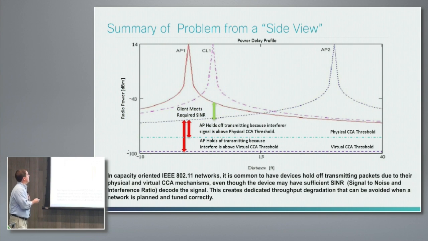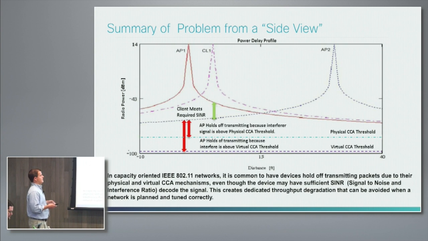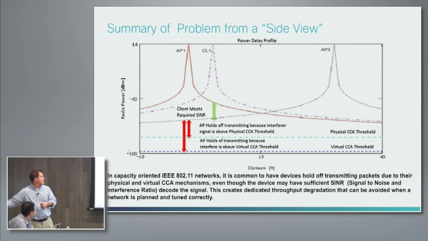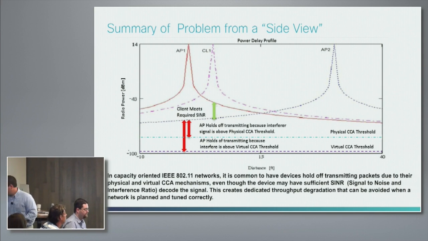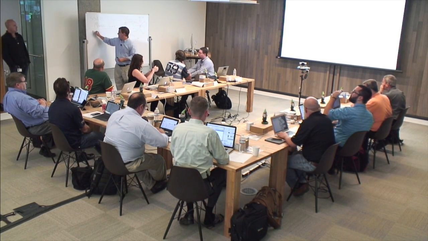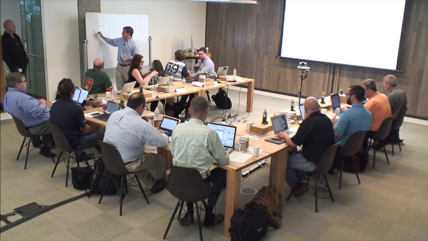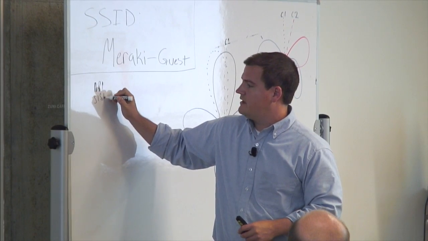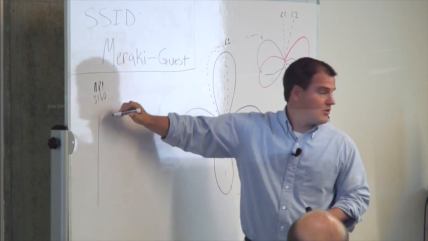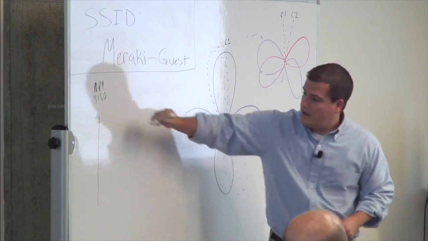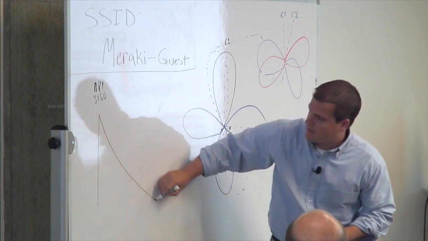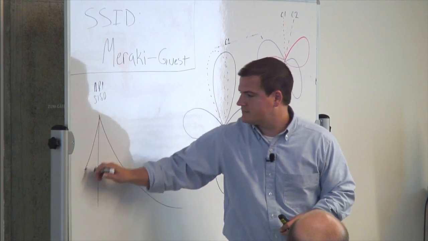So this is a summary of a side view of the problem I'm trying to explain, and maybe I should jump over to the whiteboard and draw it up a little. We have a scenario with an AP, say AP1, on a given channel, say 5180, and it has a power delay profile, which I've shown here, where its power level rolls off in an exponential nature.